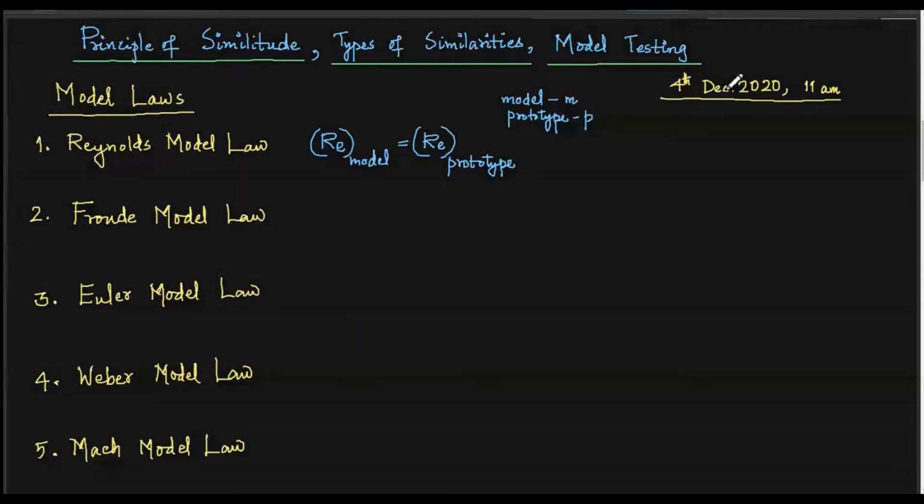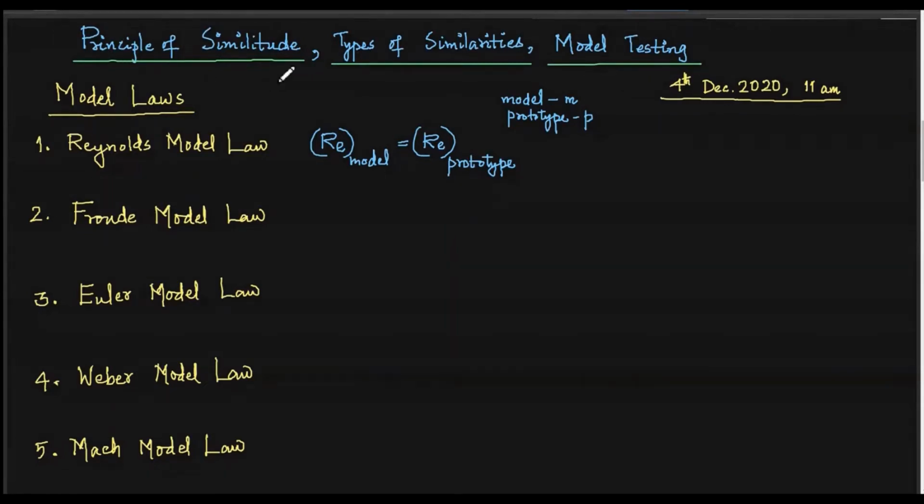But how can we rely on the results which we obtain from the model, and how can we think that those results will be the correct ones to predict the behavior of the prototype? See, if you want to conduct the study on the model, or we make a model of the actual machine, then there are certain similarity types to be satisfied, the principle of similitude to be satisfied.